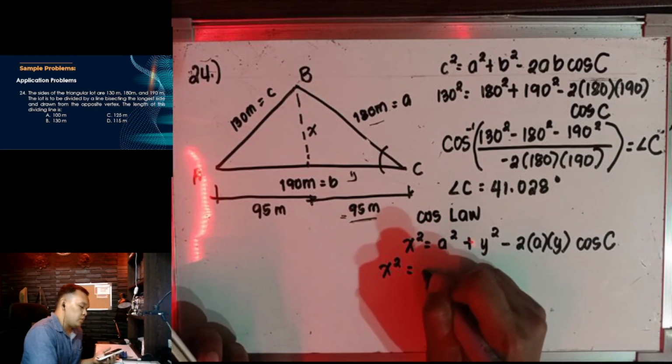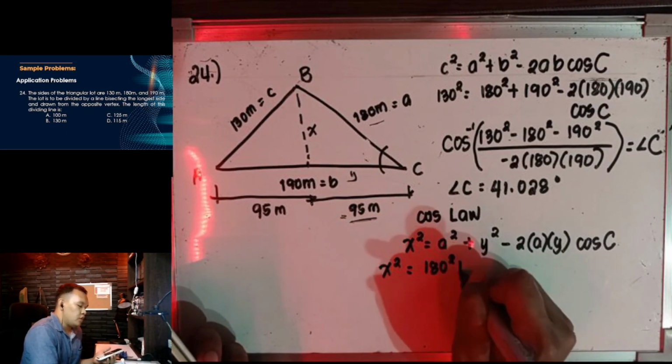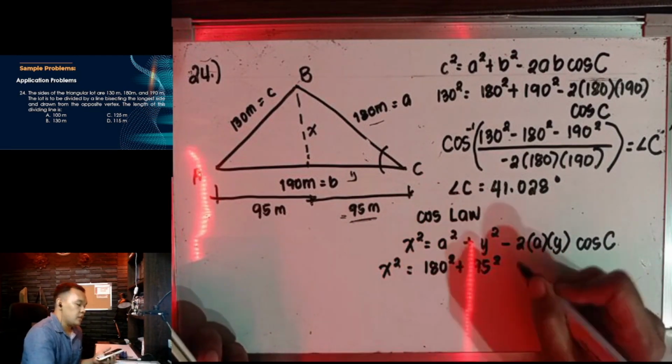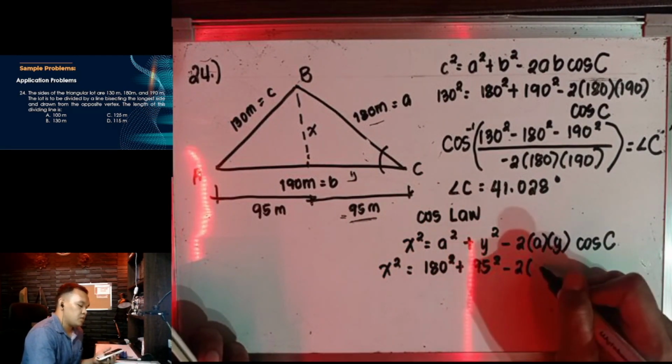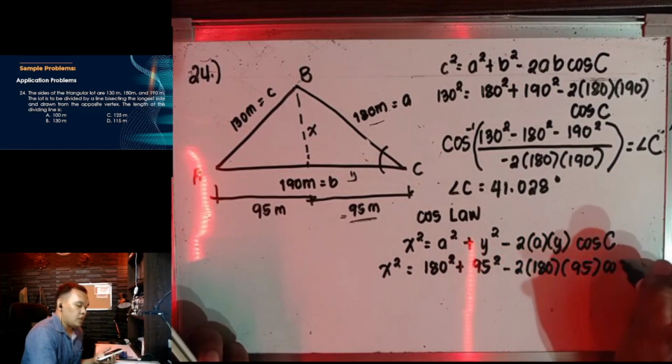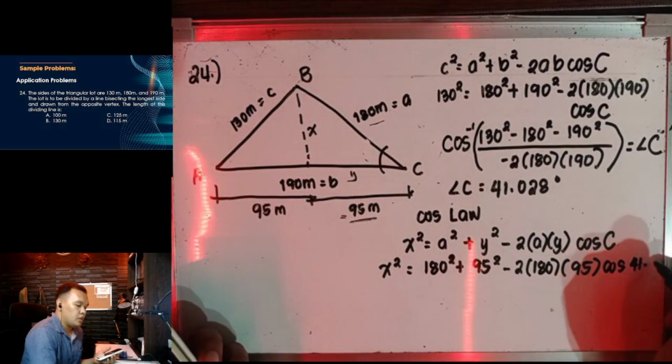So, si a is equivalent kay 180 squared plus si y which is 95 or half of the longest side minus 2 times 180 times 95 cosine. The value of C is 41.028.